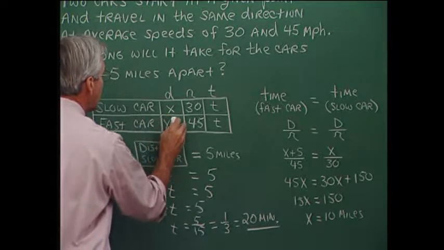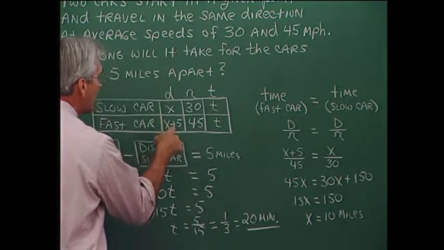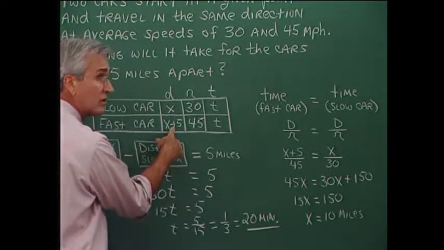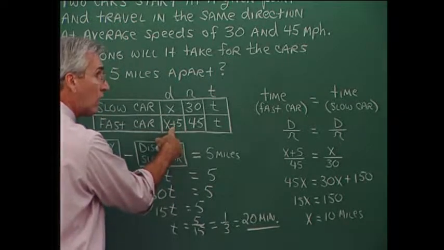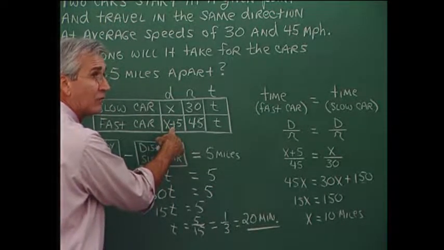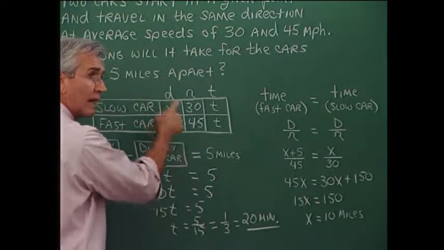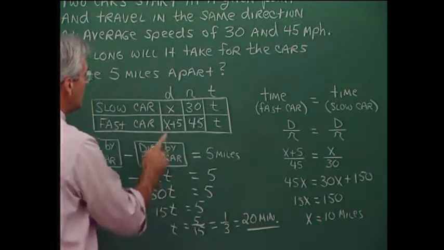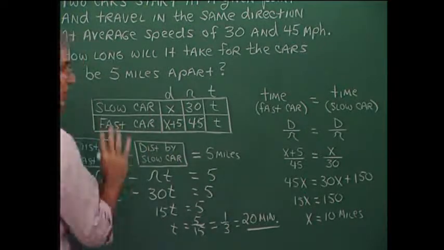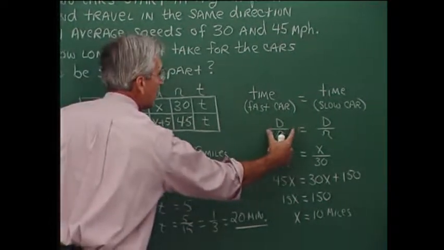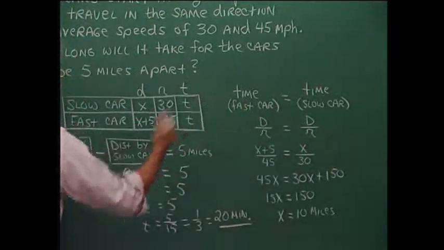So this would be x plus 5. Now, if I had represented the fast car's distance as x, then the slow car would go 5 miles less than that, so this would be x minus 5. So there are a lot of ways of setting it up correctly. But representing it like this allows us to pop in the information in this d over r format.